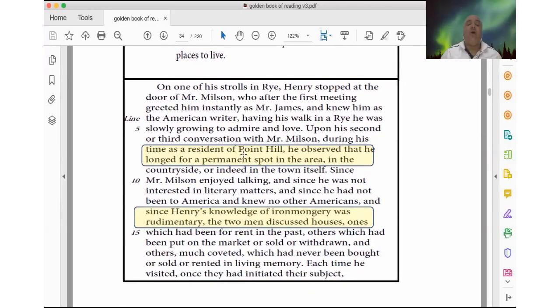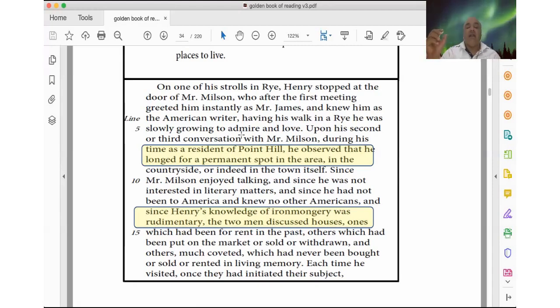On one of his strolls, wanderings in Ray, Henry stopped at the door of Mr. Melson, who, after the first meeting, greeted him instantly as Mr. James, and knew him as the American writer. Having his walk in Ray, he was slowly growing to admire and love it.